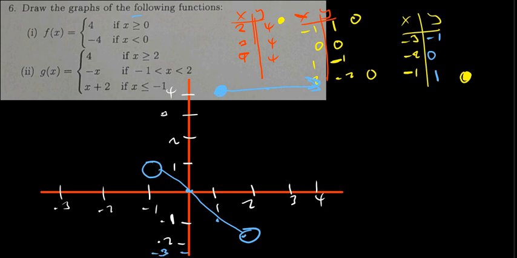Negative 3 comma negative 1 is here. Negative 2 comma 0 is there. Oh no, negative 2 in x, sorry. Negative 2 in x. Okay, then 0 is supposed to be here.